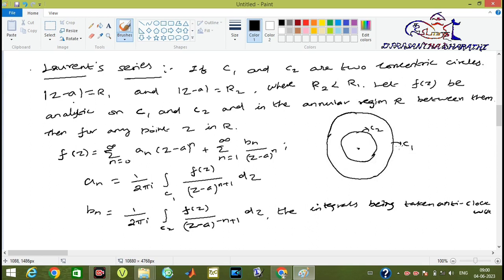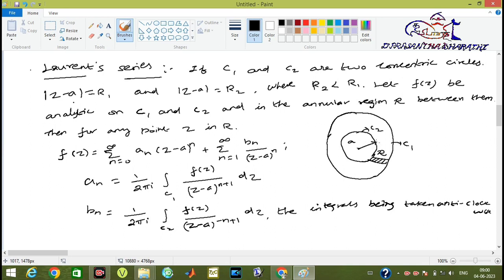The region between C1 and C2 is called the annular region, and this A is the center.